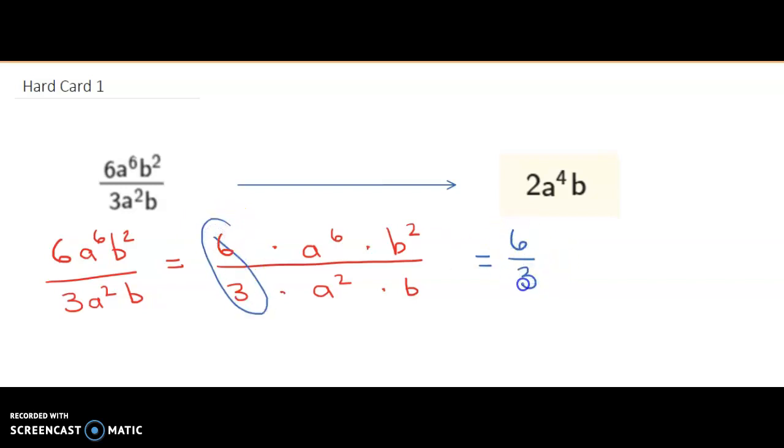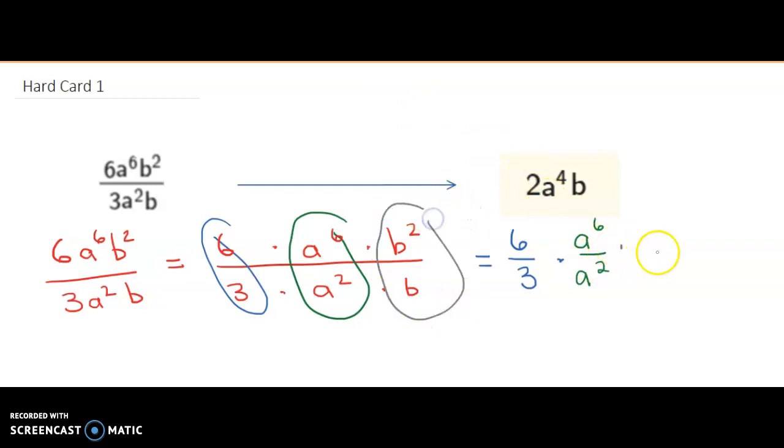So this is the same thing as 6/3 times a to the 6th over a squared times b squared over b. Now you don't have to do it this way, but I think it's a lot easier because now you have like 3 separate components almost.